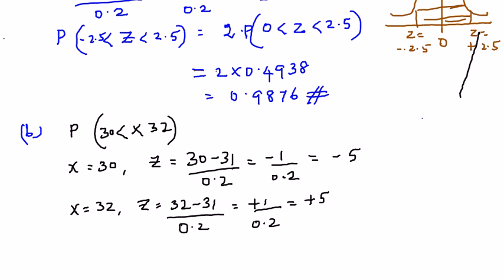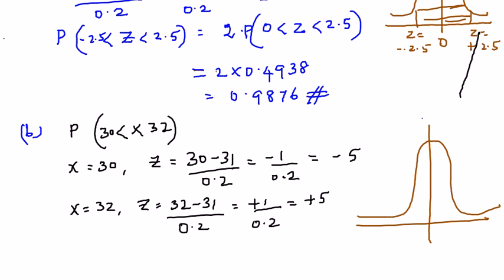Now, if I have to draw the bell curve, you see that z is equal to 0, and between minus 5 and plus 5, it occupies the whole area under the bell curve.